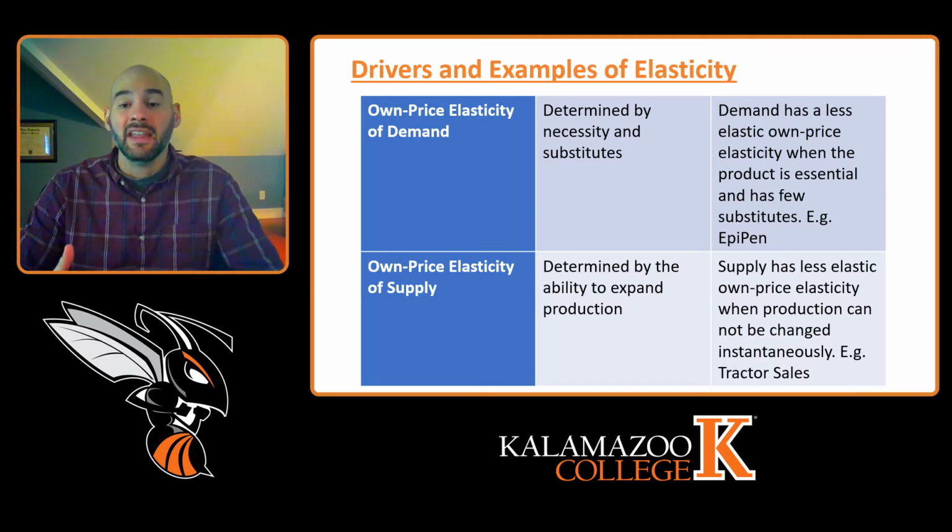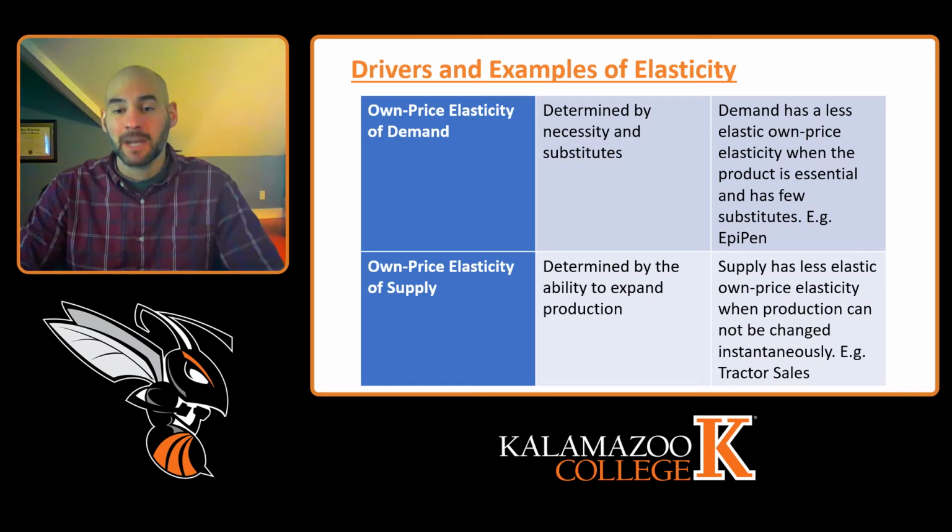So the EpiPen, I believe, is now $600 to buy, or at least it was in 2019. So how much did increasing the price from, let's say, $100 per EpiPen to $600 impact the quantity demanded of EpiPens? Probably not too much, because the people who really need those absolutely have to have them.